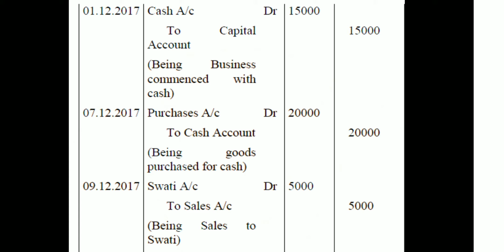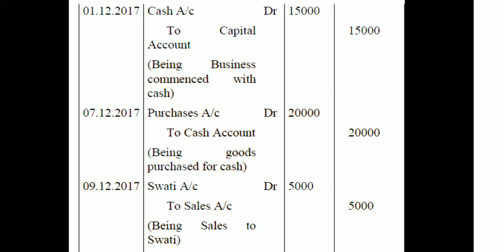The next entry is being sales to Swati. In a business, when we sell something, it may be either cash or credit. When the name of a person is given, it means the goods are sold on credit.